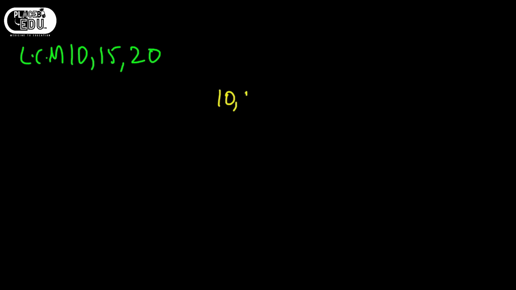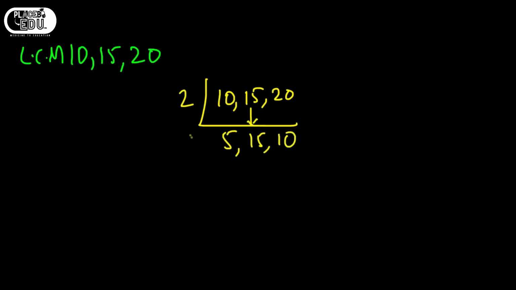First of all, we write all the numbers in a row and we try dividing all the numbers with 2. 2 fives are 10, but 15 is not divisible by 2, so we just bring it down, and 2 tens are 20. Then we try dividing with 3.